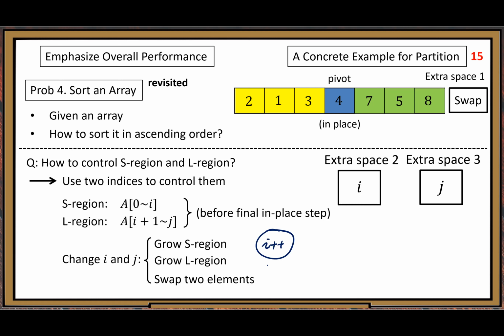Grow the L region, J plus. So you can see it's very easy to control, but we need to do appropriate swap operations. So that's the implementation details.